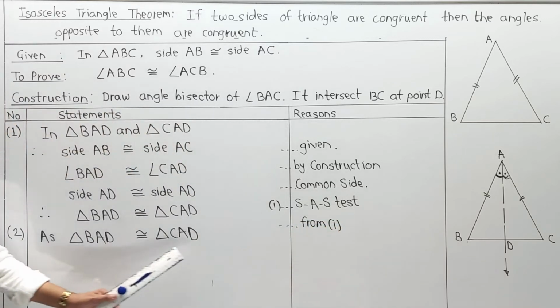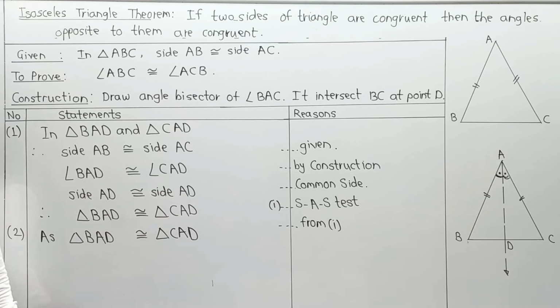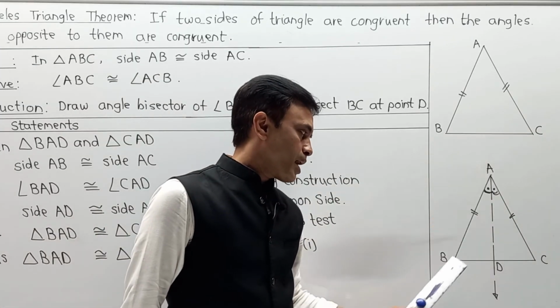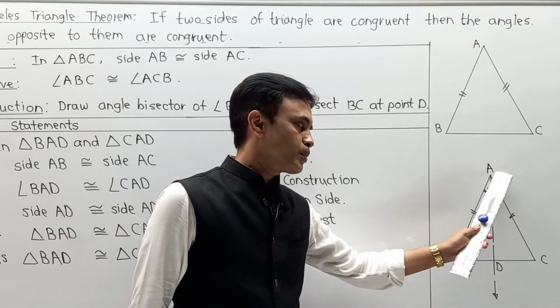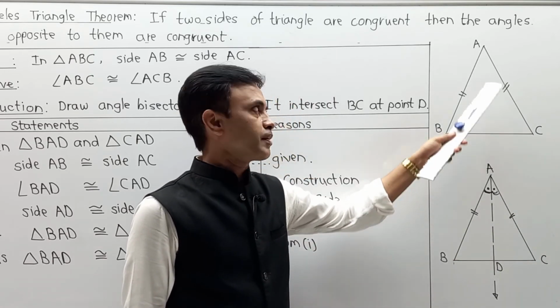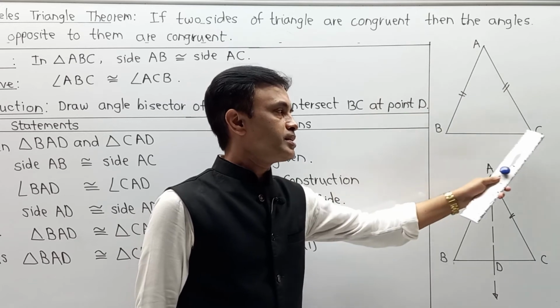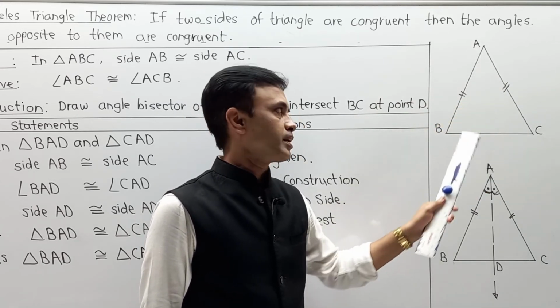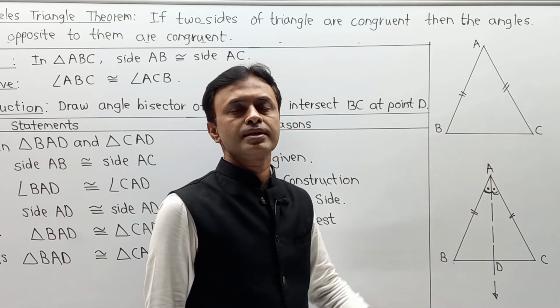When two triangles are congruent, then their respective sides and respective angles must be congruent. Observe it carefully. Angle ABD is congruent to ACD, and taking modification over here, therefore angle ABC is congruent to ACB, and in this way we can show angle B and angle C are congruent.